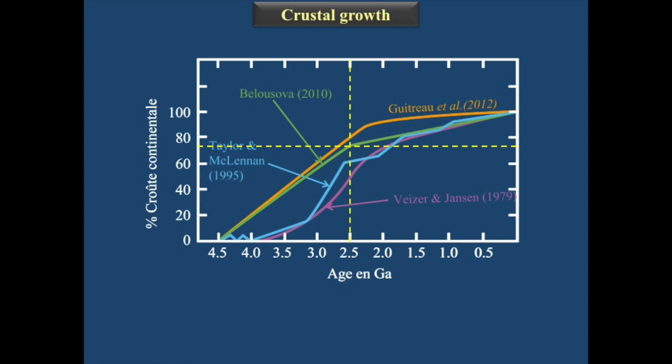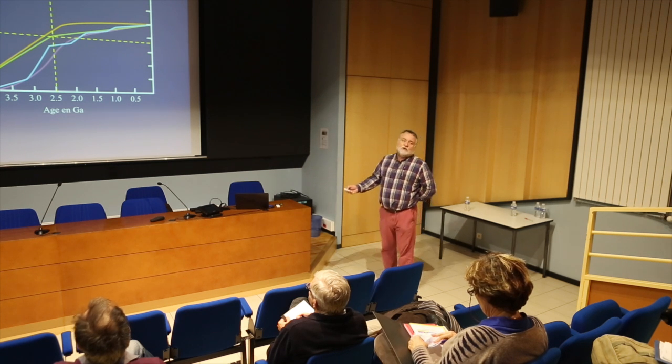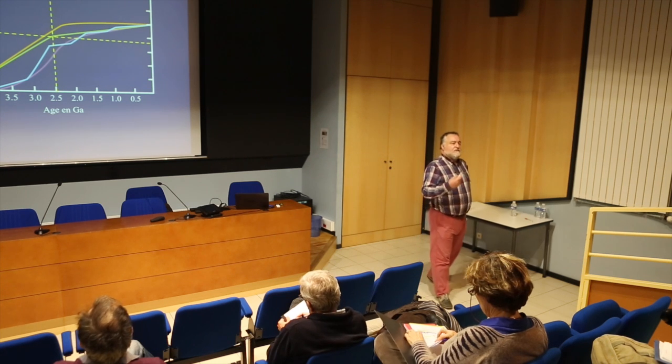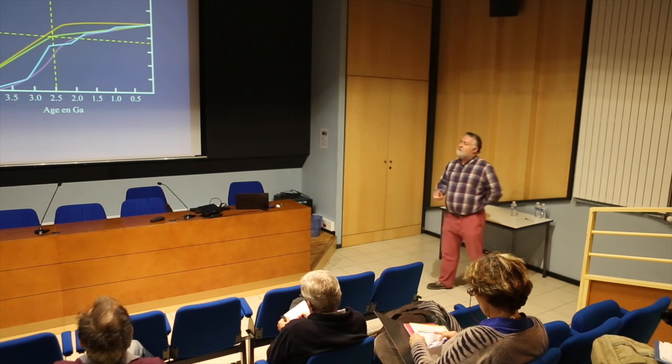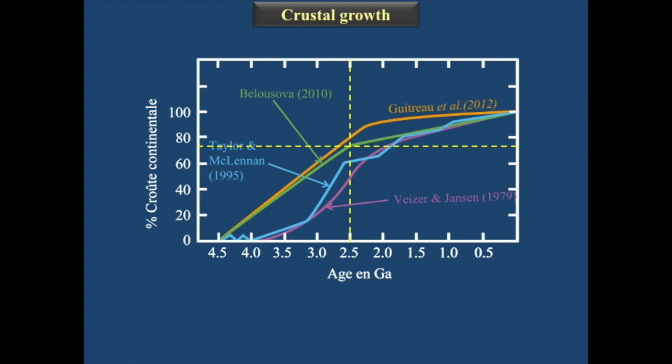But what is important for us is that at 2.5 billion years, the end of the Archean, between 3/4 and 2/3 of the present-day continental crust was already generated.